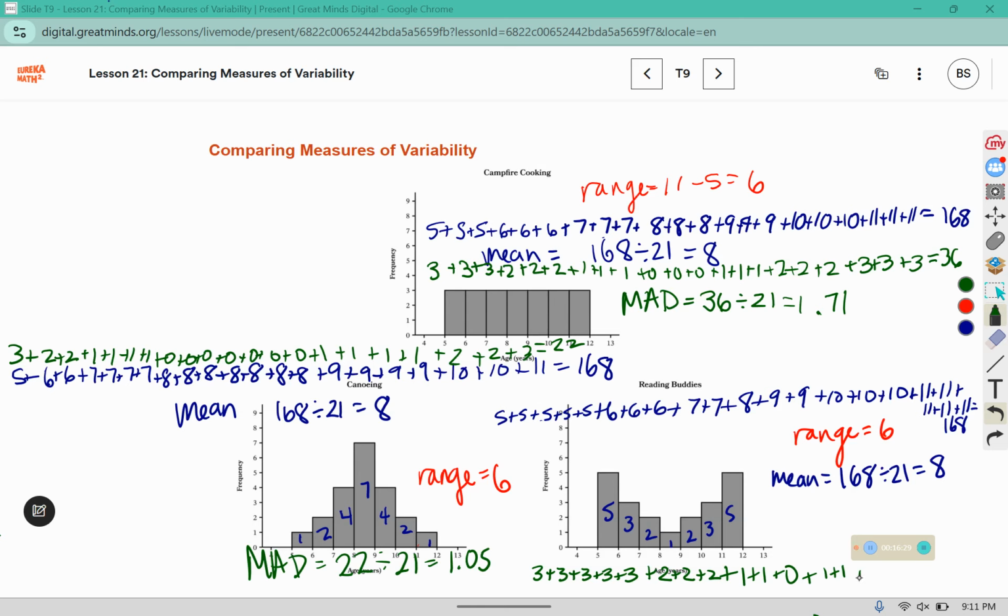From 10 to 8 is 2 away. And from 11 to 8, that is a difference of 3. And there's 1, 2, 3, 4, 5 11s. Add all of those values together and divide by 21. The sum of all of those should come out to 46. Then 46 divided by 21, when rounded, is 2.19.